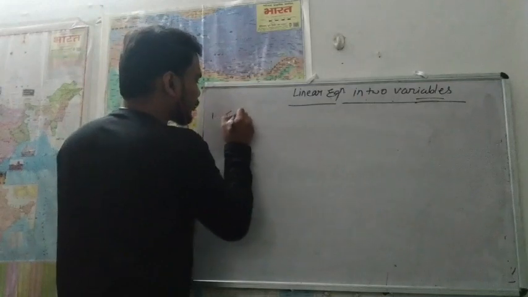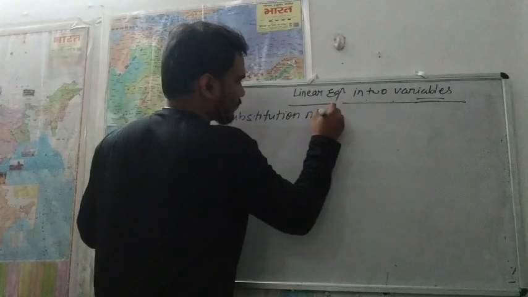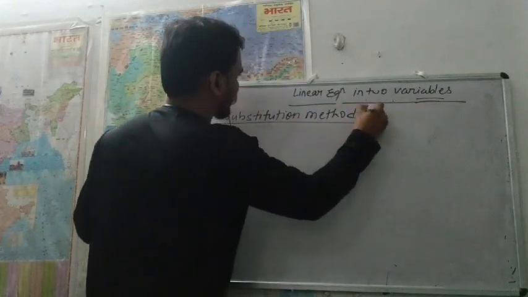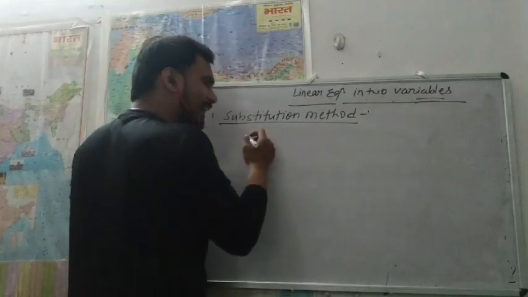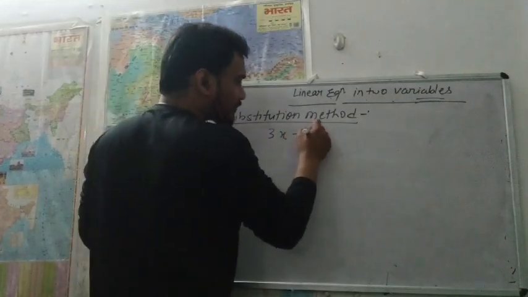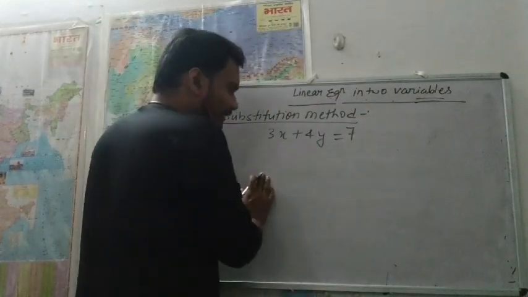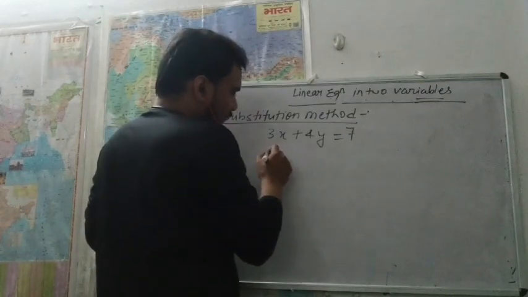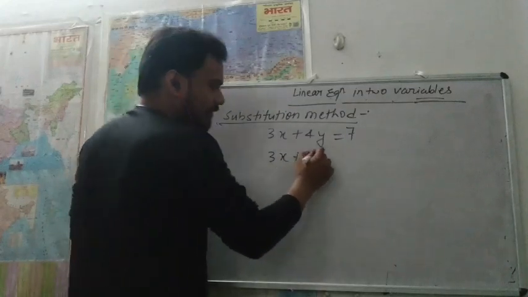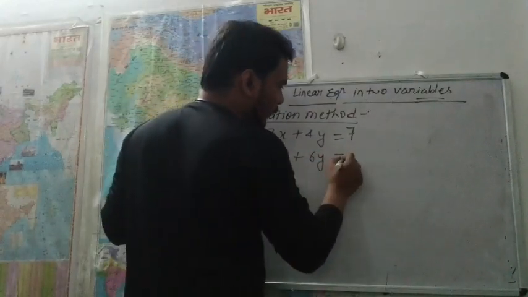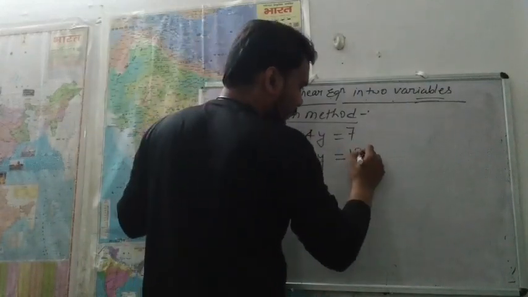Number 1 is the substitution method. Let us take the example of two equations: 3x + 4y = 7, and another equation, 3x + 6y = 30.